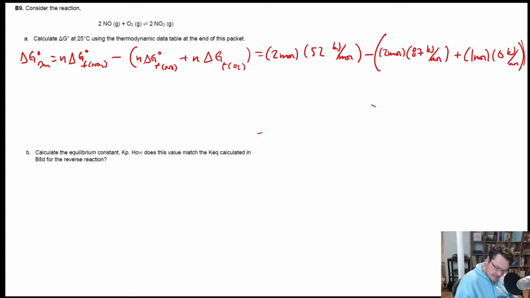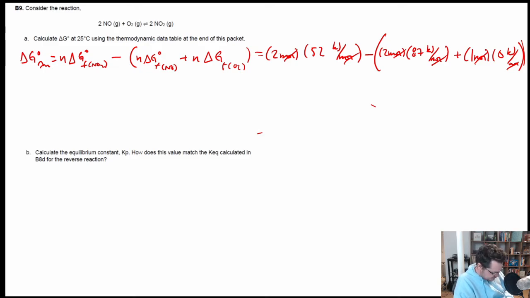And so what we get is moles cancel everywhere. So we plug that in. And so what we get is 2 times 52 minus, 2 times 87, right?